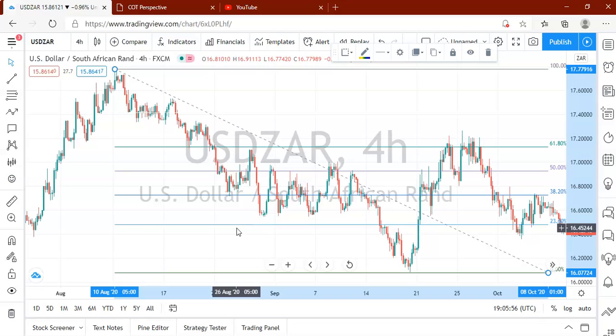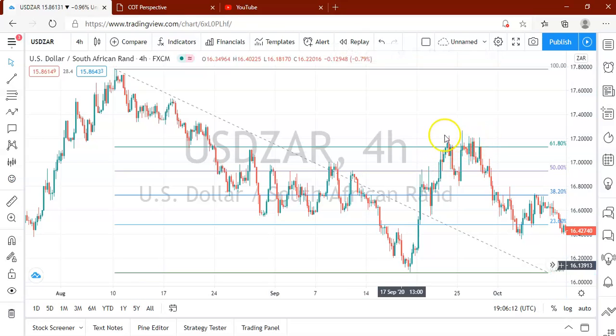So as you can see, we mostly focus on the 61.8 retracement level and 50%. That's where we mostly look for entries. As you can see, the price was going down, then it retraced to that level.